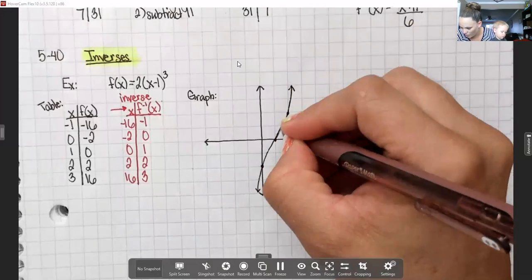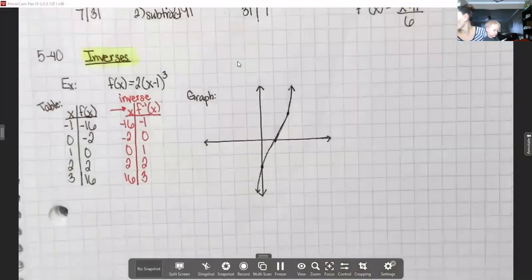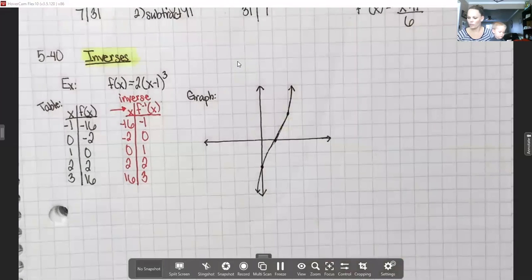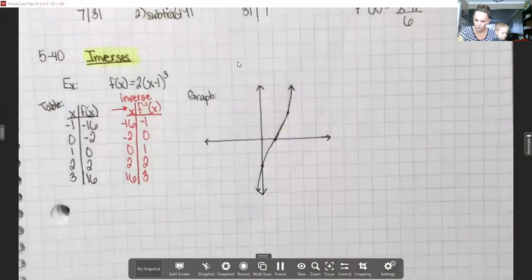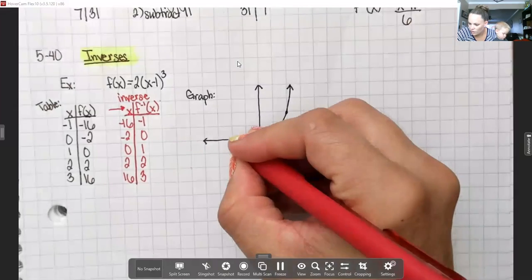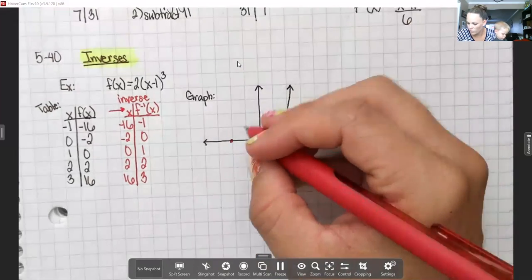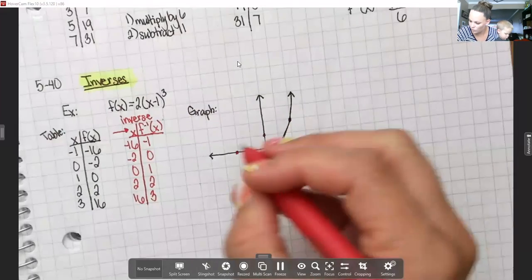I'm trying to curve it, but it's not quite working. And then our inverse, -2, 0, 0, 1, 2, 2.